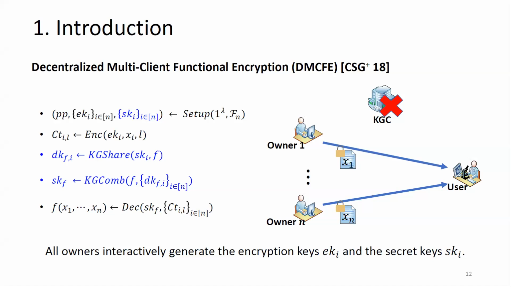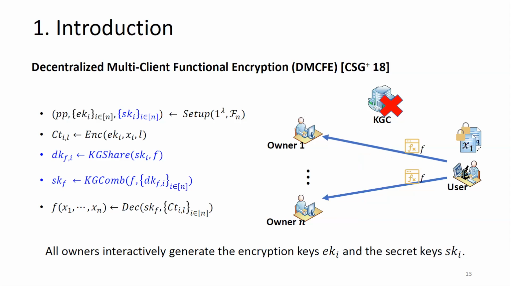Since KGC is not involved, the data user sends the function to each owner. Each owner uses SK_i to generate the partial functional key DK_i and sends it to the data user. Then the data user combines the partial functional keys and obtains the functional key SK_f. Through the decryption algorithm, the user can obtain this multivariate function value.